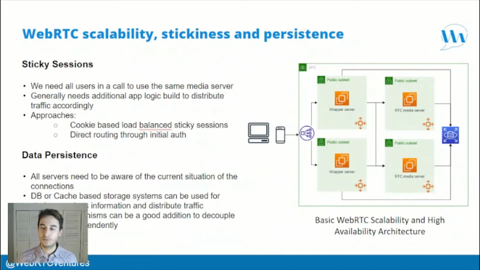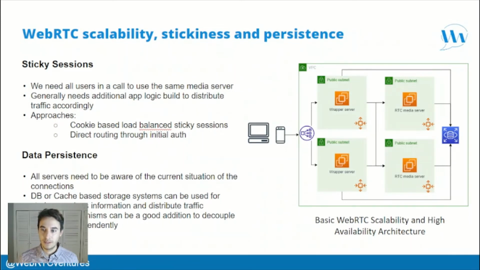Or we can do direct routing through the initial authentication. So we can have server 1, server 2, server 3, and so on, and we connect the user to the right server at the beginning when we authenticate. And yeah, this allows us to make sure the participant is in the right call.